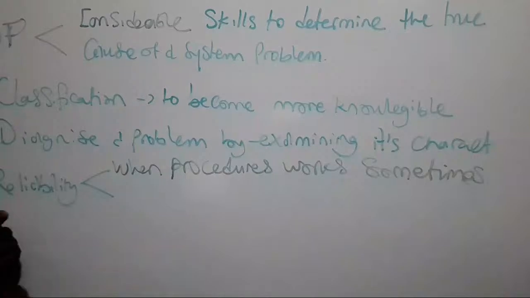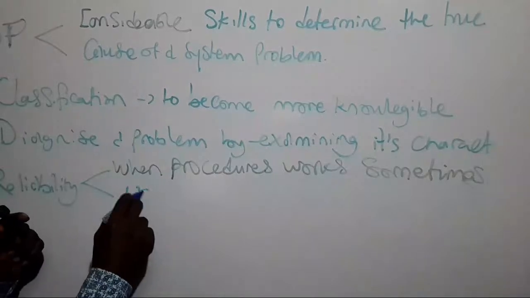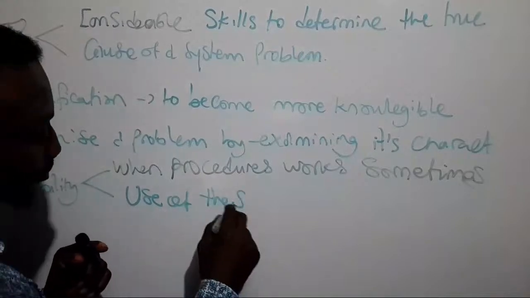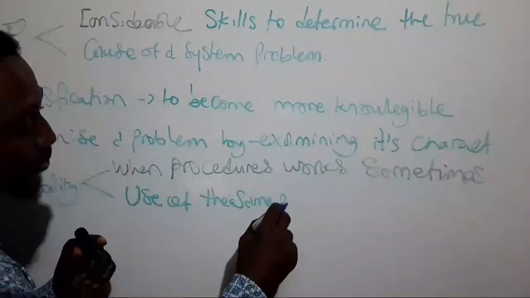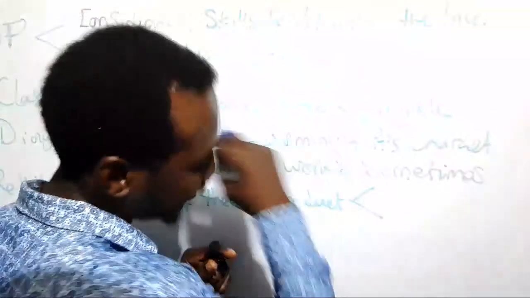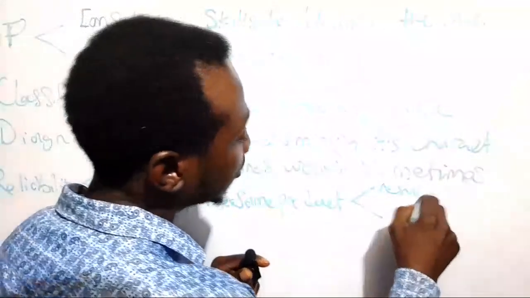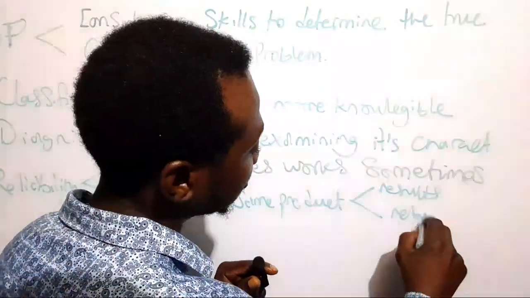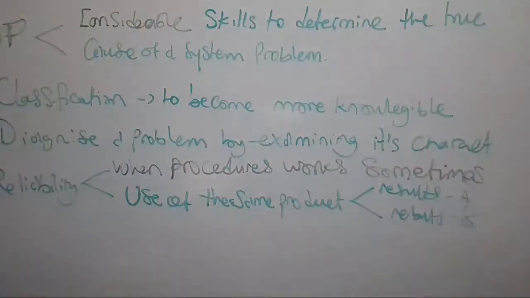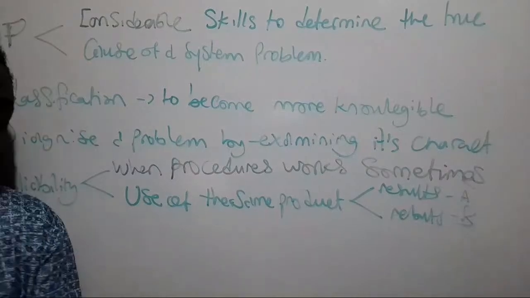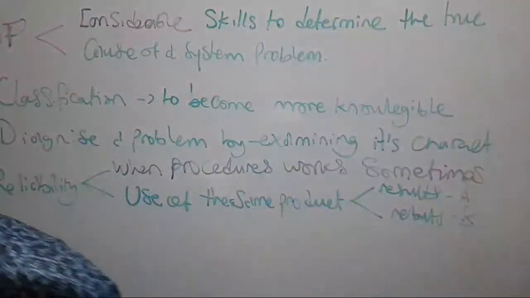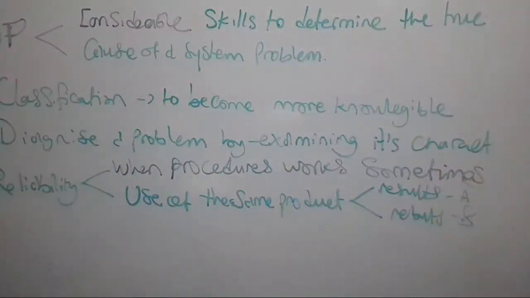When the use of the same product leads to different results, then you can say it is not reliable. I mean, why can one product lead to different results? It's an issue of reliability.